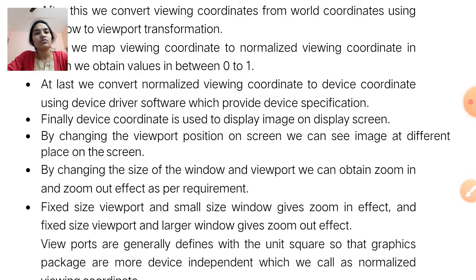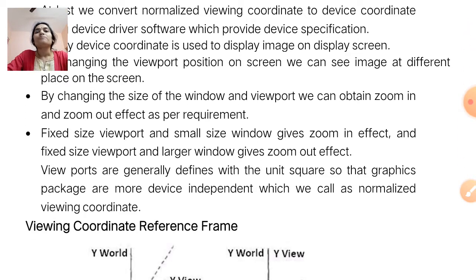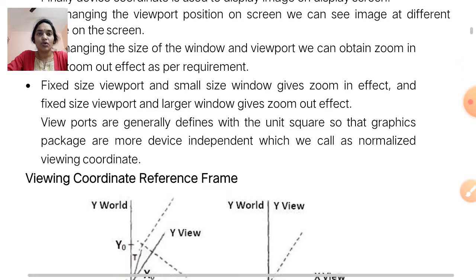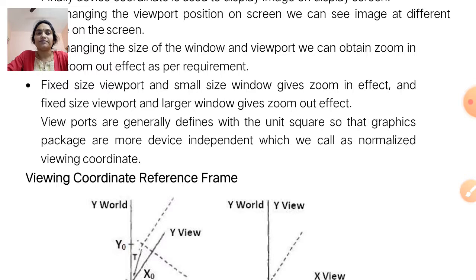A fixed size viewport and small size window gives zoom in effect, and a fixed size viewport and larger window gives zoom out effect. Viewports are generally defined with the unit square so that graphics packages are more device independent, which we call normalized viewing coordinate.